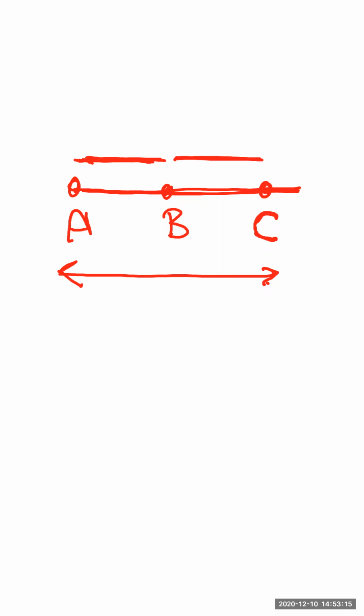So to prove that 3 points are collinear, we will find the distance between each two of these points. Then we will prove that the greatest distance equals the sum of the two other distances. Okay, are we clear? Yes, we are. Okay, great.